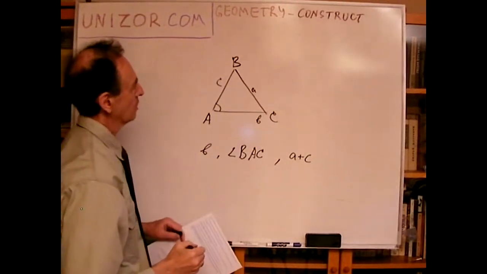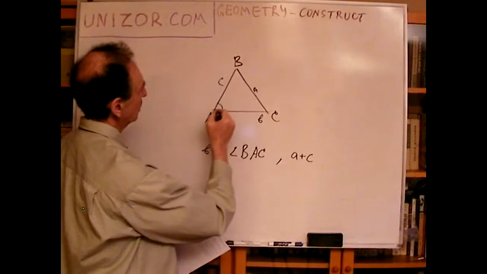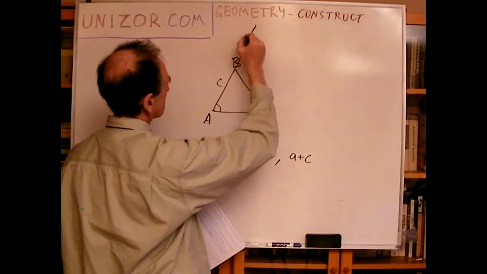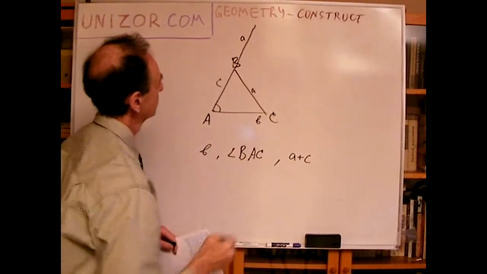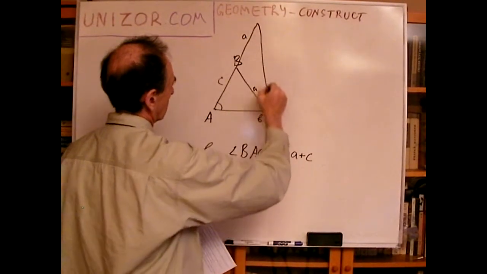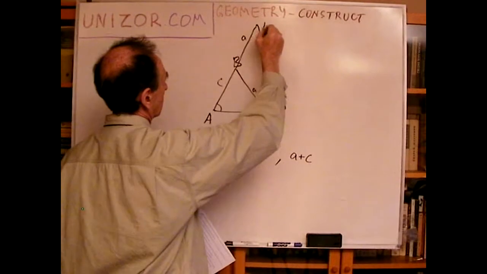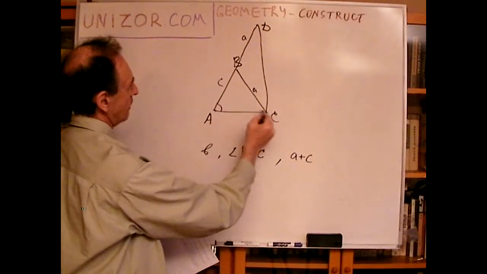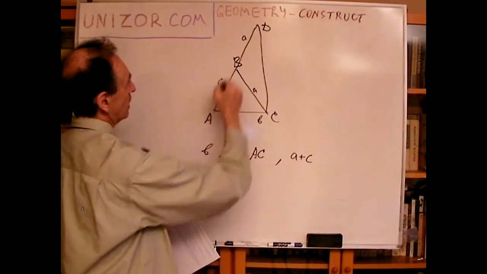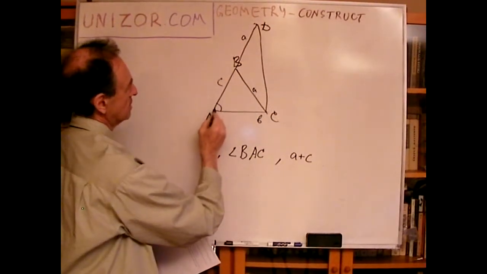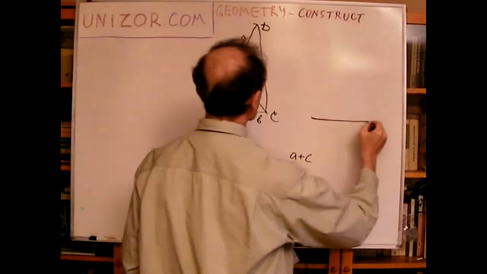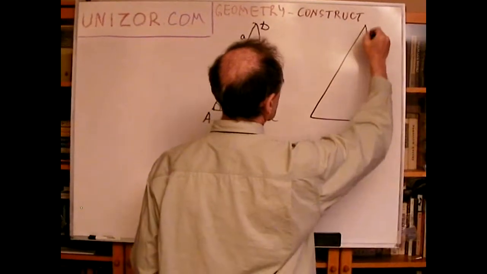So if you continue this line by a distance equal to A, now what can you say about triangle ABC? You have a side, and you have another side, which is A plus C, and you have an angle between them. So you can build this triangle very easily.